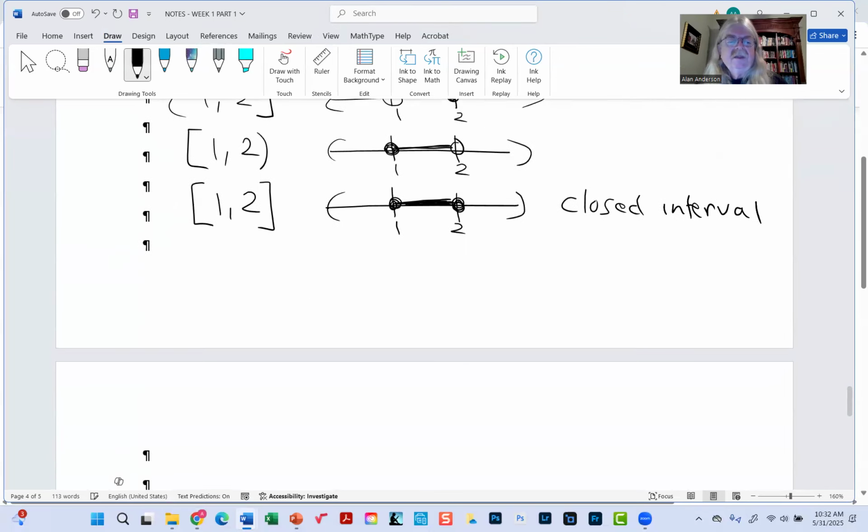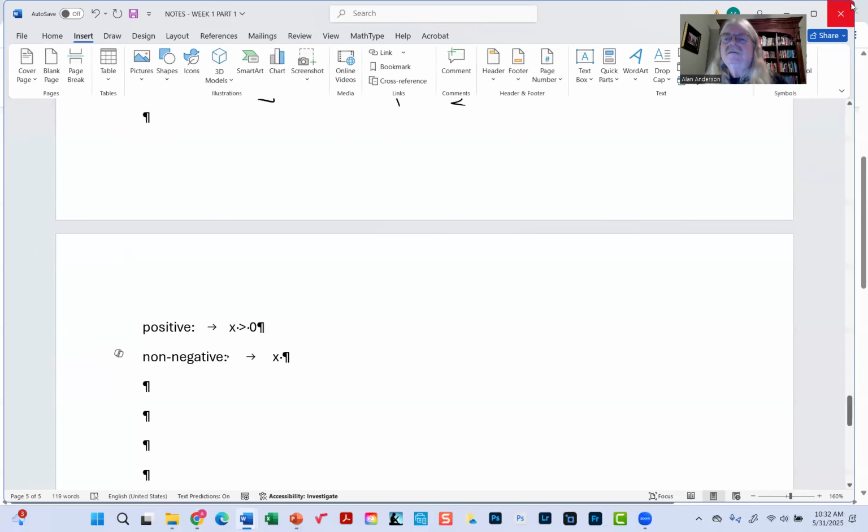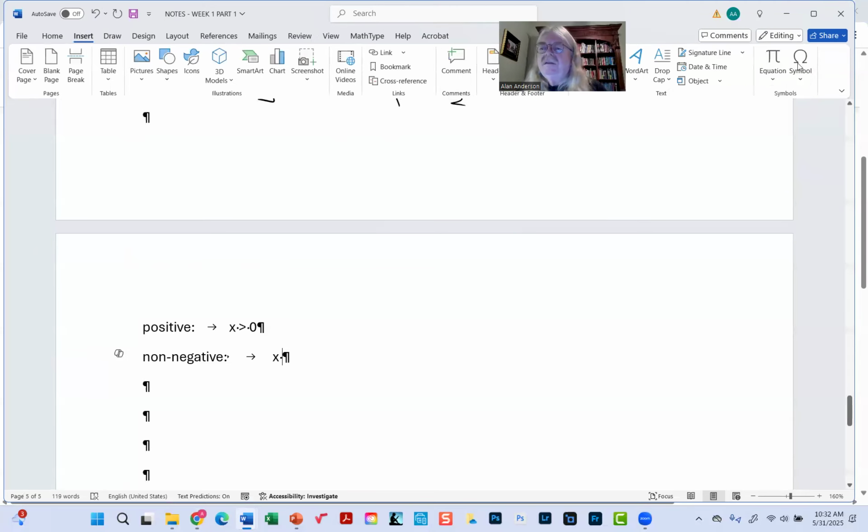Okay, so positive, of course, means x is greater than 0. But if x might be 0, we call that non-negative. Now there is a symbol in here somewhere, proper symbol for that.